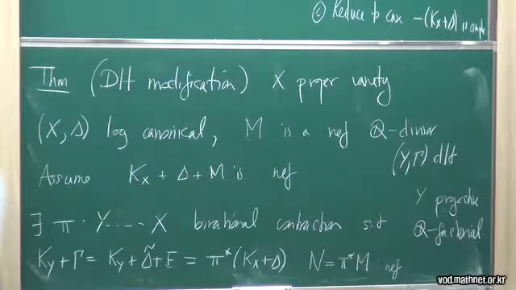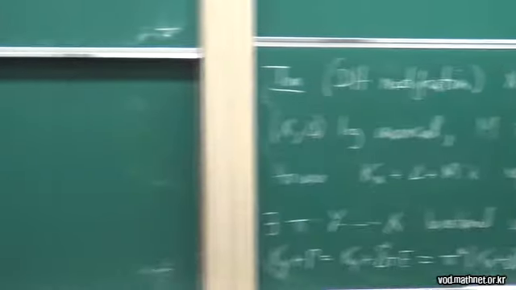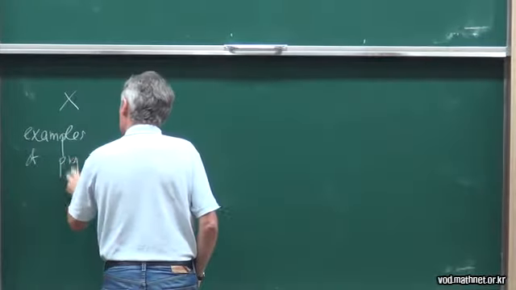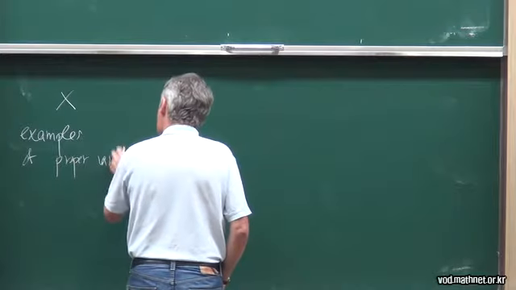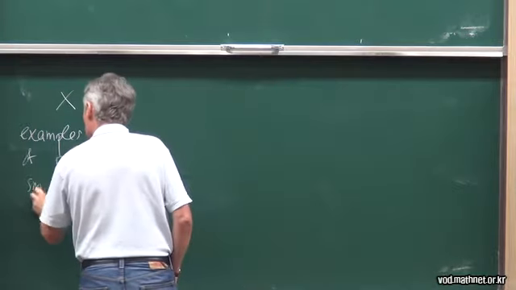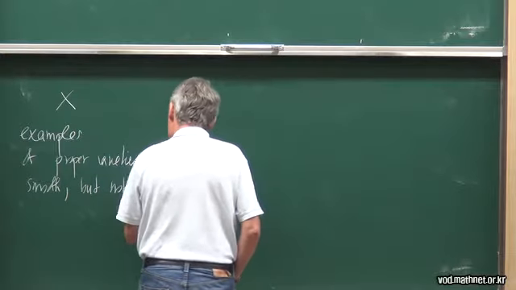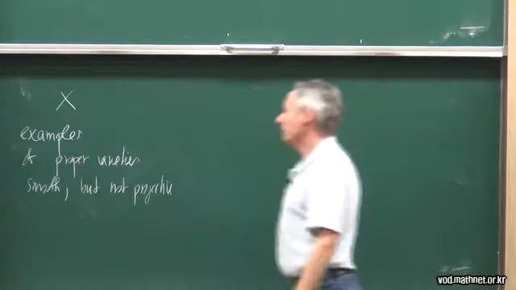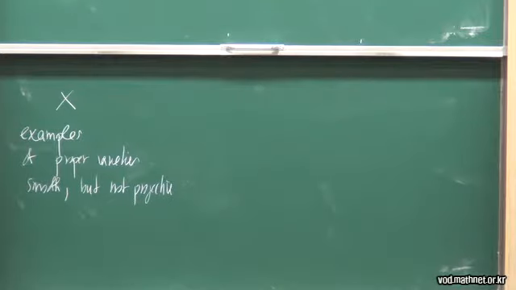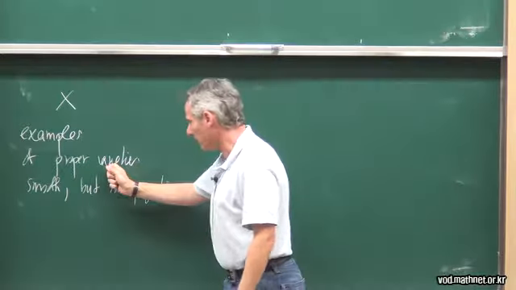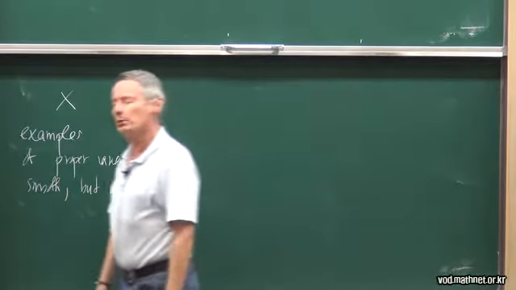There are examples of proper varieties which are smooth but not projective. There are two obvious ways to get such a thing. There's an example in Fulton's book of a toric variety, which is a proper variety, but it's smooth but not projective.